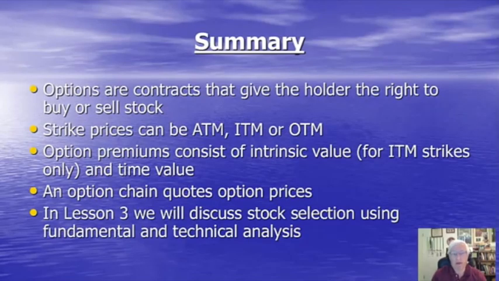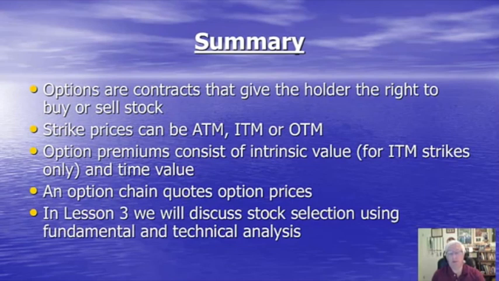Okay, so let's summarize then. Options are contracts that give the holder the right to buy in the case of a call option or sell in the case of a put option. Strike prices can be at the money, in the money, or out of the money, depending on the strike price in relation to the current market value of the stock.